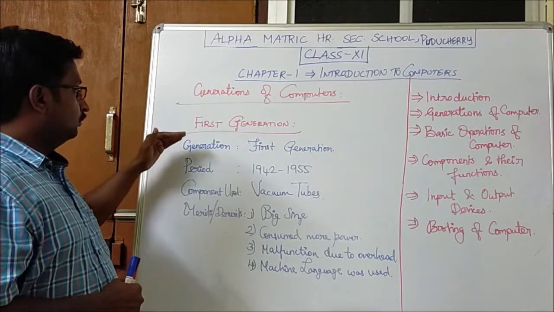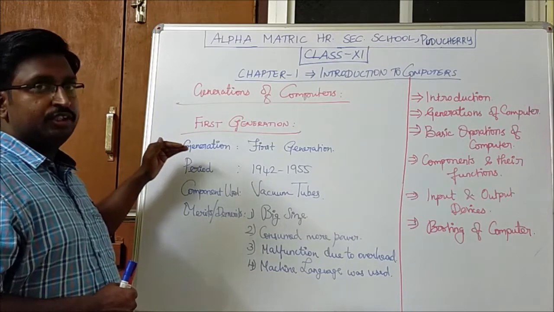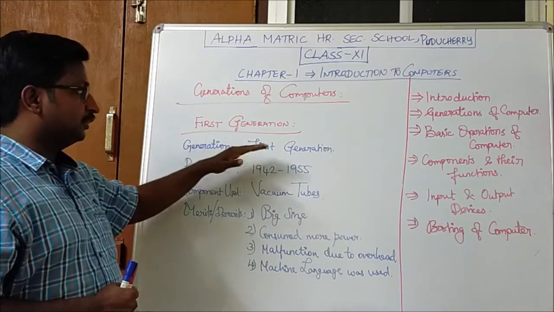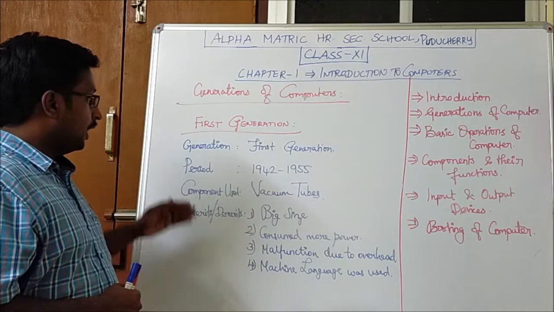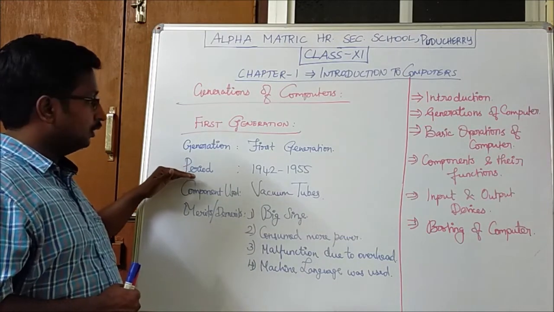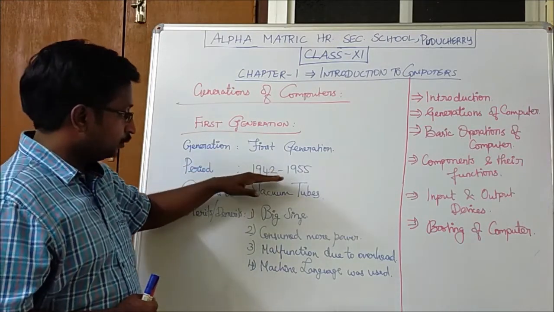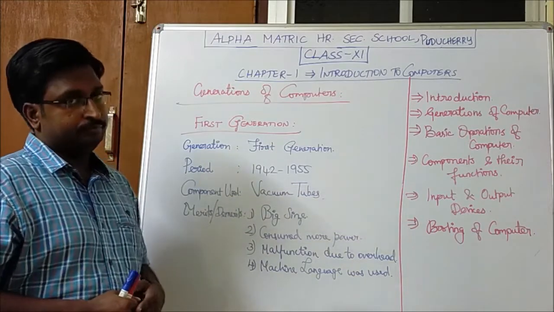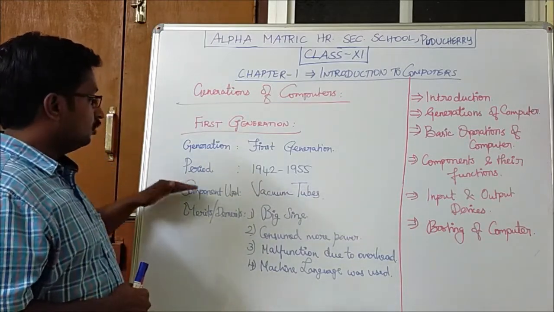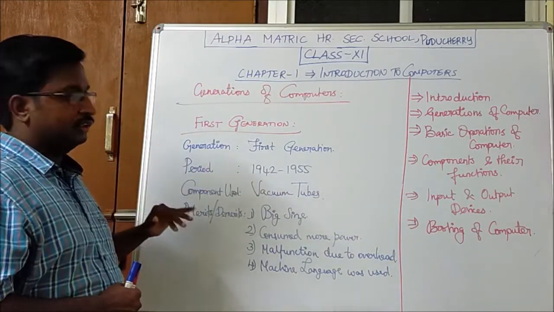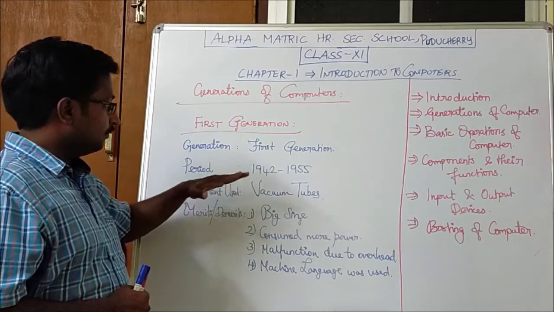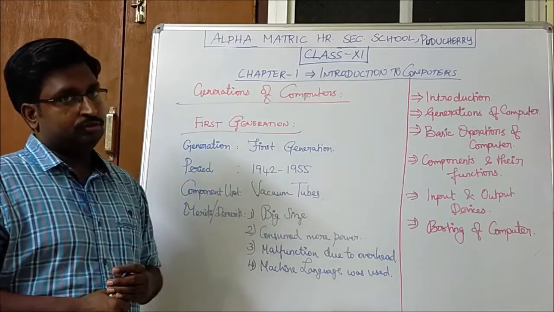First, we have to know which generation it belongs to, that is the generation name, the first generation, and the period, that is 1942 to 1955, and the major component used in each generation.